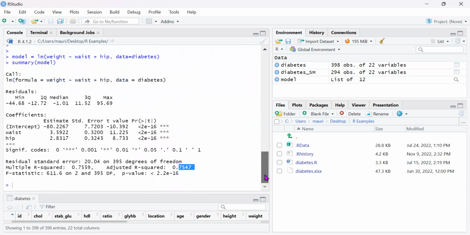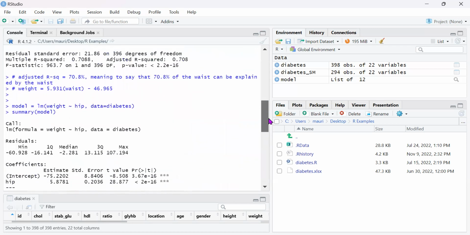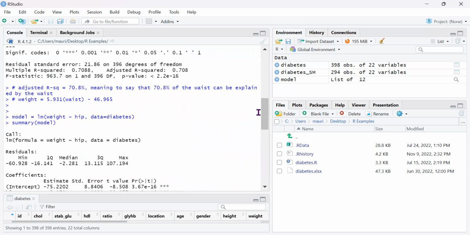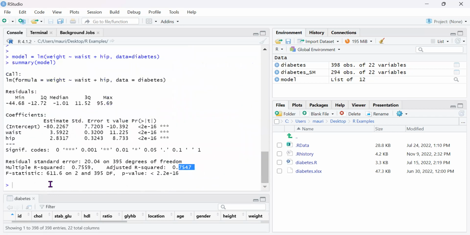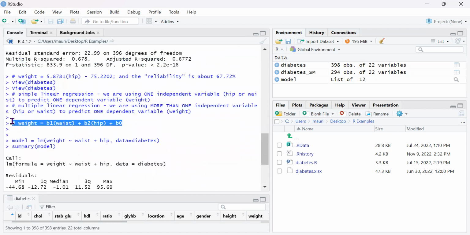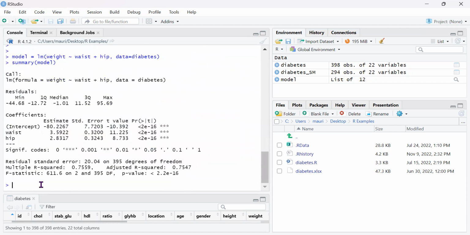Remember that when we used either one of them, our best result was 70.8%. Here, our regression equation will be waist, this is 3.9, and hip, minus the y-intercept.